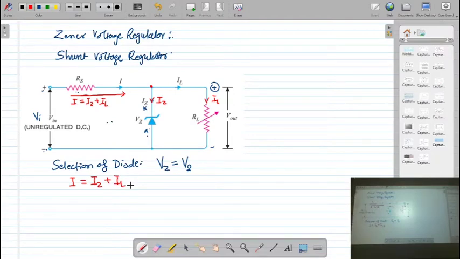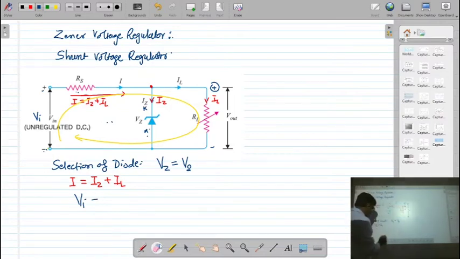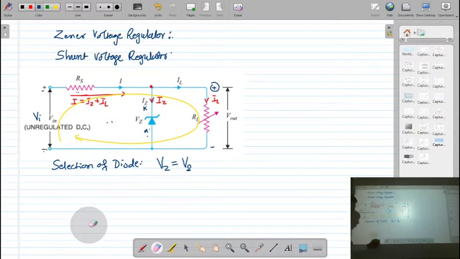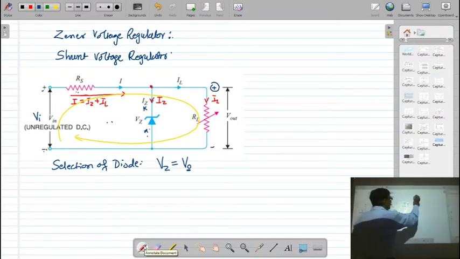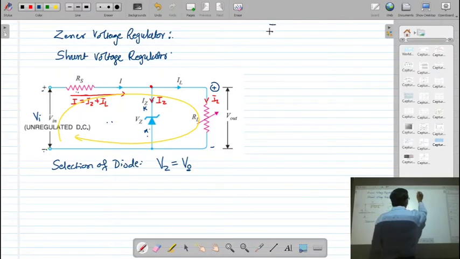Now we apply Kirchhoff's law. Here the current I is equal to IZ plus IL.